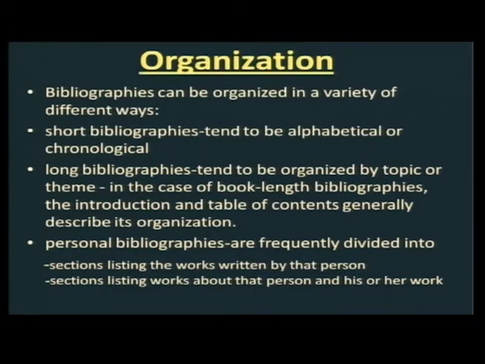Personal bibliographies are frequently divided into different sections: a section listing the works written by that particular person, and a section listing works about that person, his or her work. So, you can see that when you organize a bibliography, it is always classified into three parts: one is a short bibliography, another is a long bibliography, another is a personal bibliography.